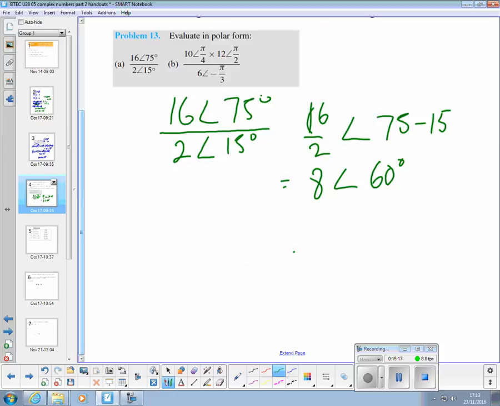Okay, this second one has got multiples of pi involved in it. Do we not love that? What does that mean about our angles, do you reckon? Yes, 3.14, come on. Don't cheat by using your calculator.